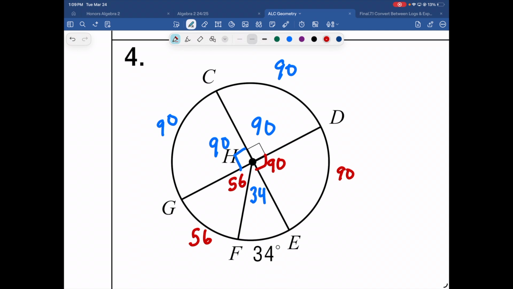Does that look right? Wait. I think I did it wrong. If you're having trouble with the drawing and want to see if you're right, I have the drawing up there, the angles and the arcs on there. G, GTF.